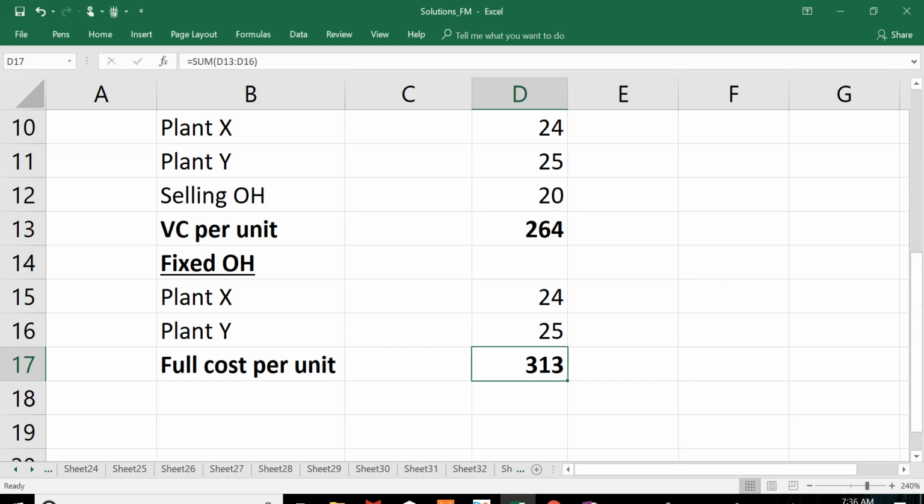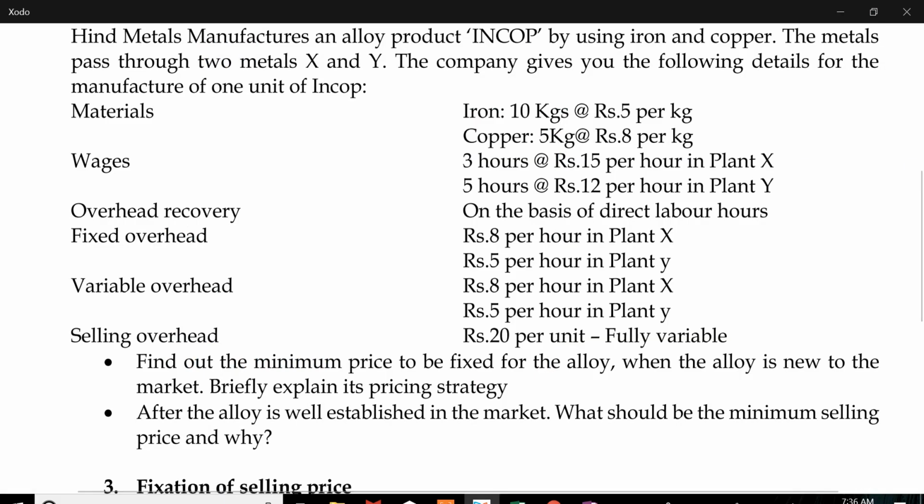Any doubts on this? Now write the minimum price when the alloy is new to the market.